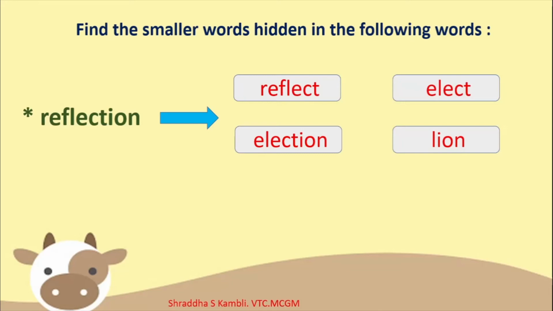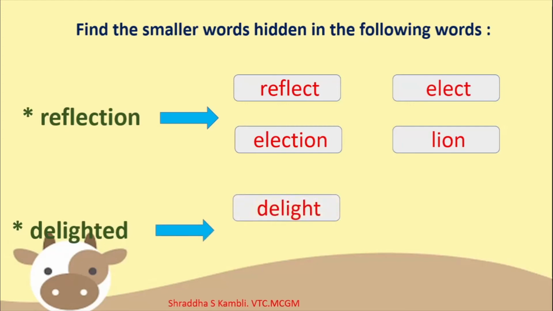Let us take one more word as an example. You have delighted. So what are the smaller words you can make with delighted? You can write delight, D-E-L-I-G-H-T. You can write light, L-I-G-H-T. You can write elite, E-L-I-T-E.